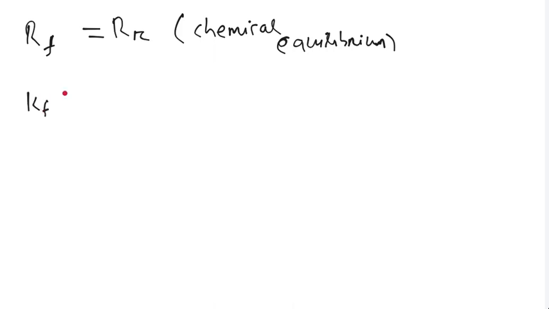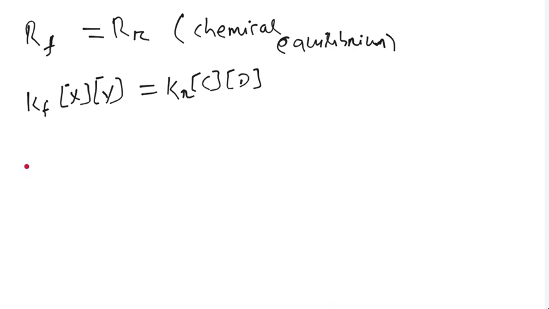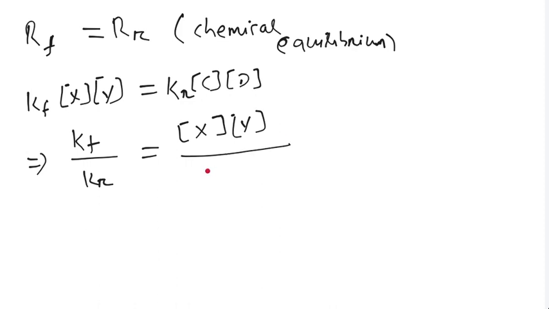So you can say K forward into X Y, because R forward equal to K forward X Y, is equal to K reverse C D. So we can write it like this: K forward by K reverse will be the concentration of the product by the concentration of the reactant.